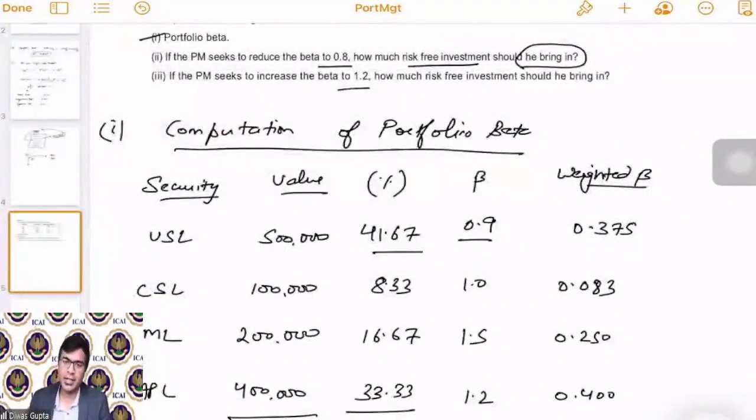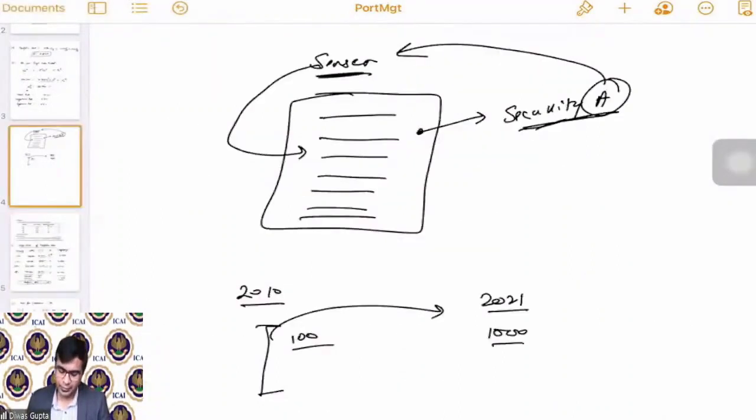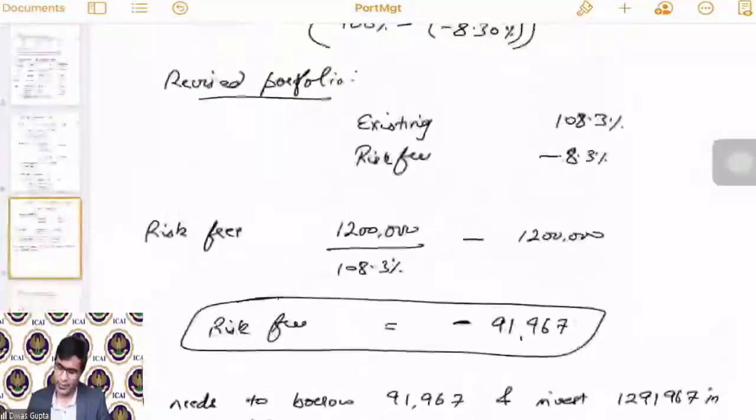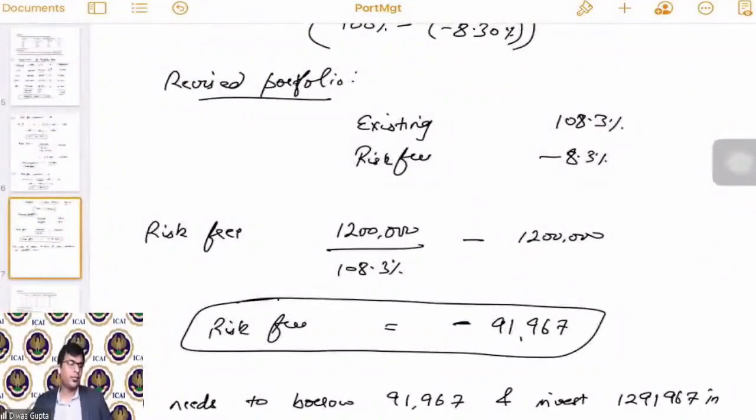Like, let's say the additional investment of 41.67 should go here, 8.33 should go here, likewise. Okay. I'm just projecting this solution for the moment.